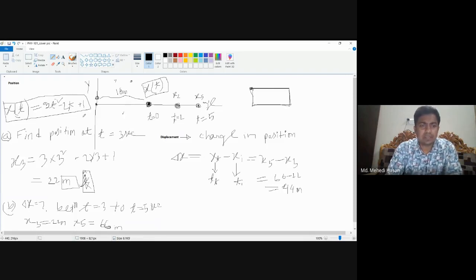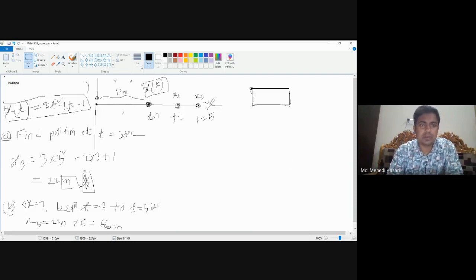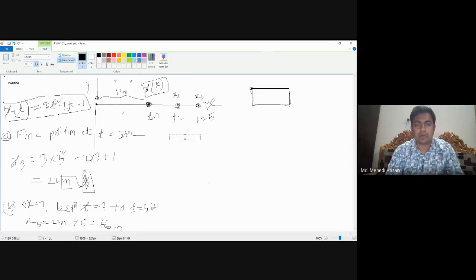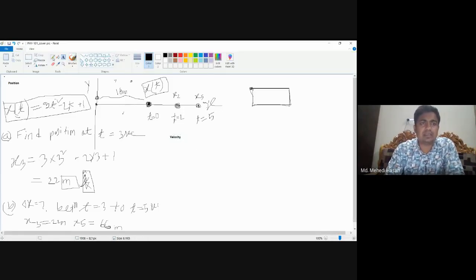Now the next part is velocity. We can define velocity as the change in position with respect to time.